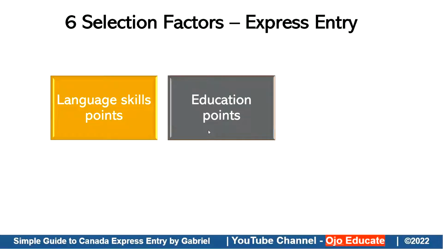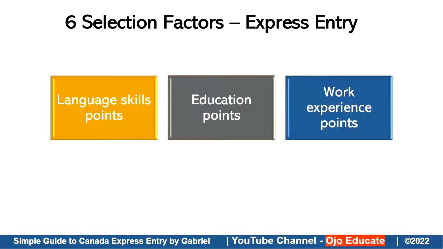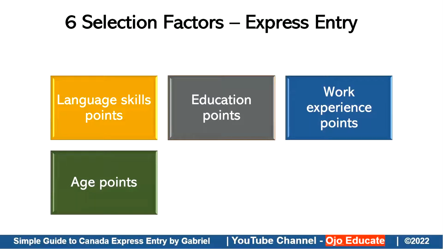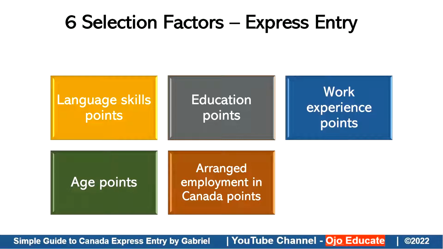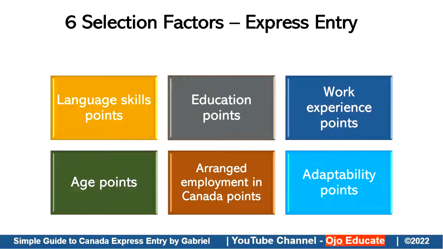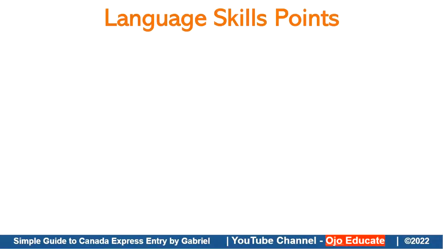The next one is education points, that is, points allocated to your level of education. There is work experience points. There is age points. There are arranged employment in Canada points, that is, you have an offer, a letter of employment, an offer for a job in Canada. And lastly is adaptability points, that is, if you have a relative in Canada, or your spouse knows someone in Canada. So let's go ahead and get the details.